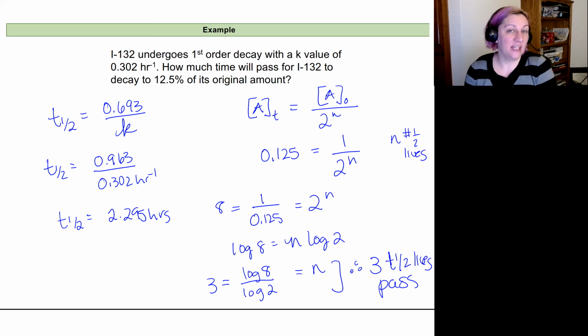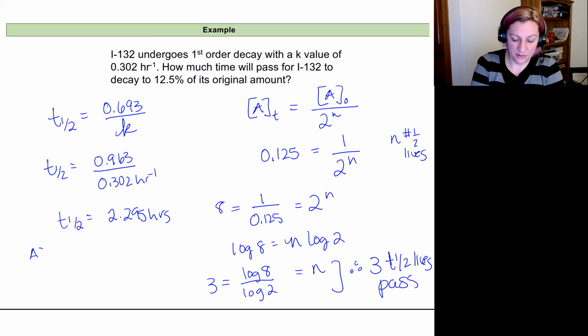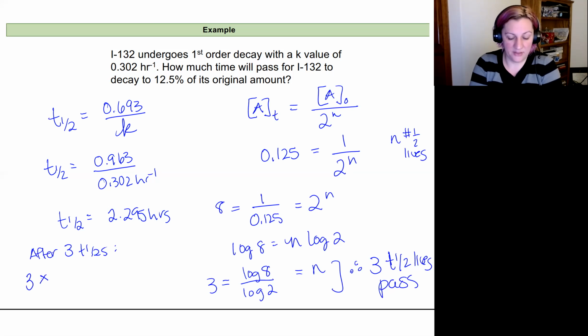I know my half-life is 2.295 hours. So after 3 half-lives, the amount of time that passes is just going to be 3 half-lives times the amount of time, 2.295 hours.